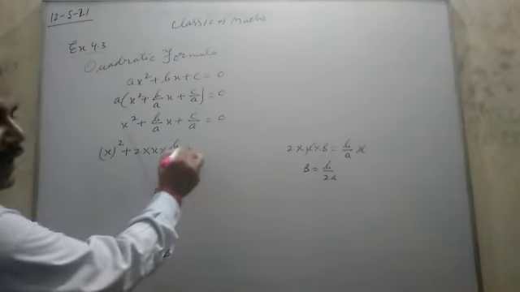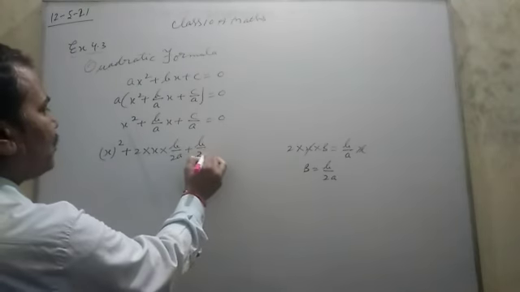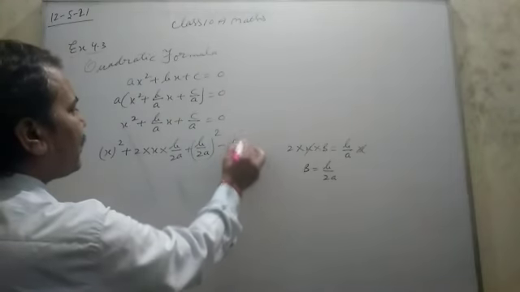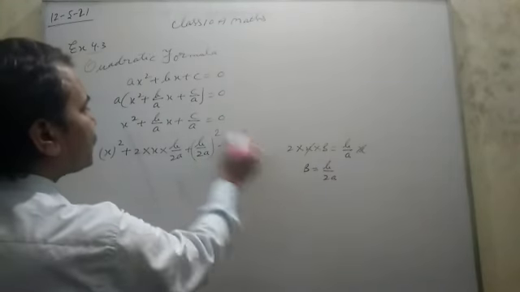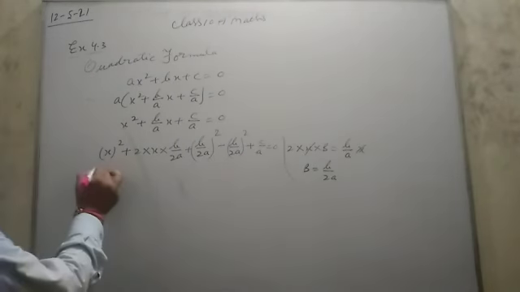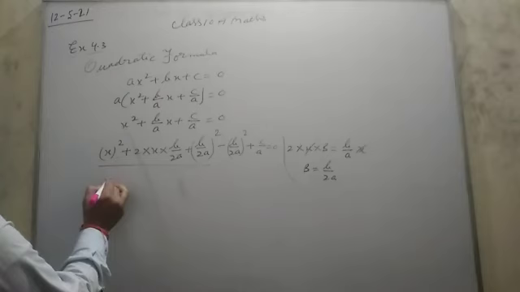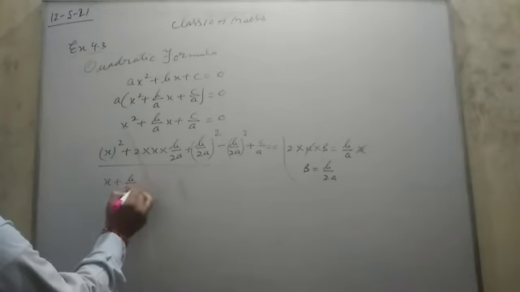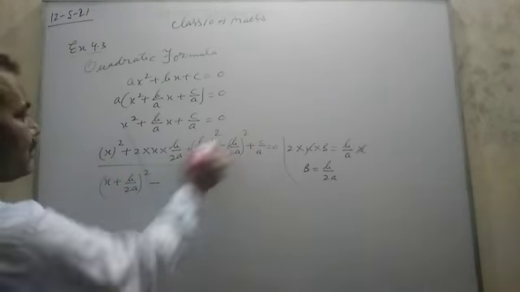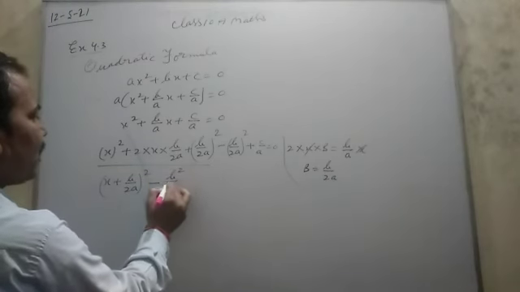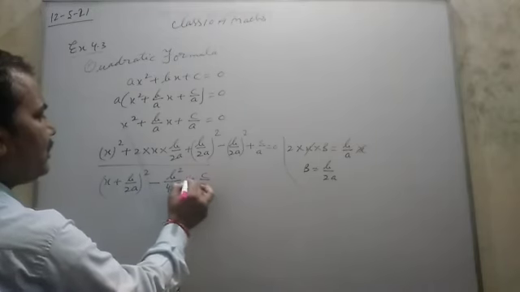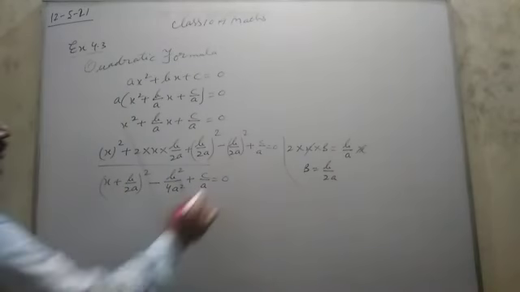So this square we add and subtract: b by 2a whole square minus b by 2a whole square plus c by a remaining. So we can write x plus b upon 2a whole square minus b square upon 4a square plus c by a equal to 0.